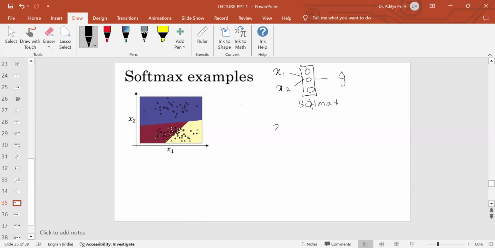So you can say that z of 1 is equal to w of 1 x plus b of 1. That is the output layer, where z of 1 is w of 1 times x, which is the activation of the previous layer, plus b of 1.